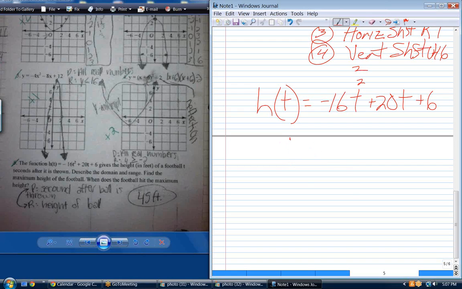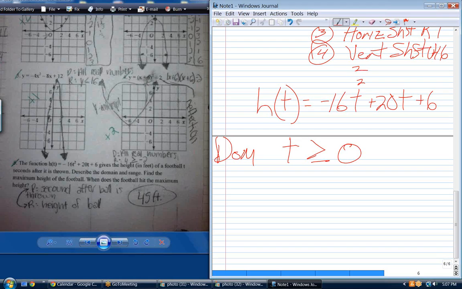So the domain for this particular problem is that. You can't always figure out the domain by just looking at the function. You have to understand the function and what concept it's being used in. And in this particular case, time has to be greater than 0.